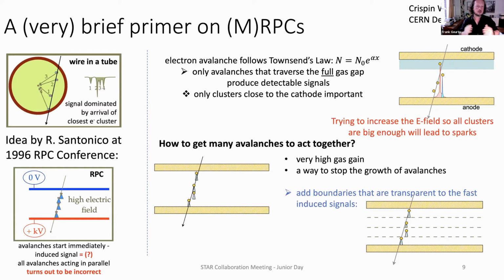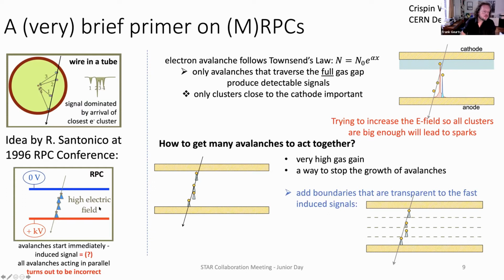The electric field goes as 1/r, so you typically see a signal that looks like this. You're interested in the first signal, but it does not necessarily need to be the strongest. So this is not the best way to provide a timing signal, because, as we will see later on, for timing you actually want large signals, since corrections play a role, especially if you have lots of small signals.